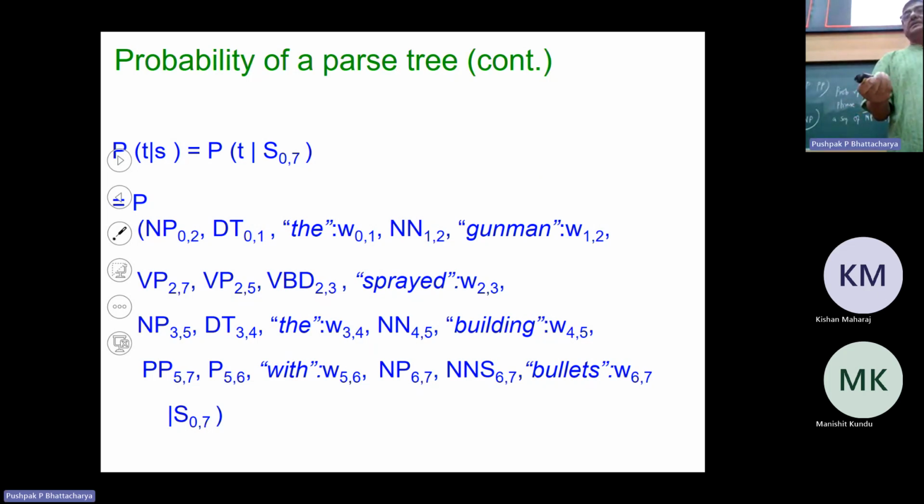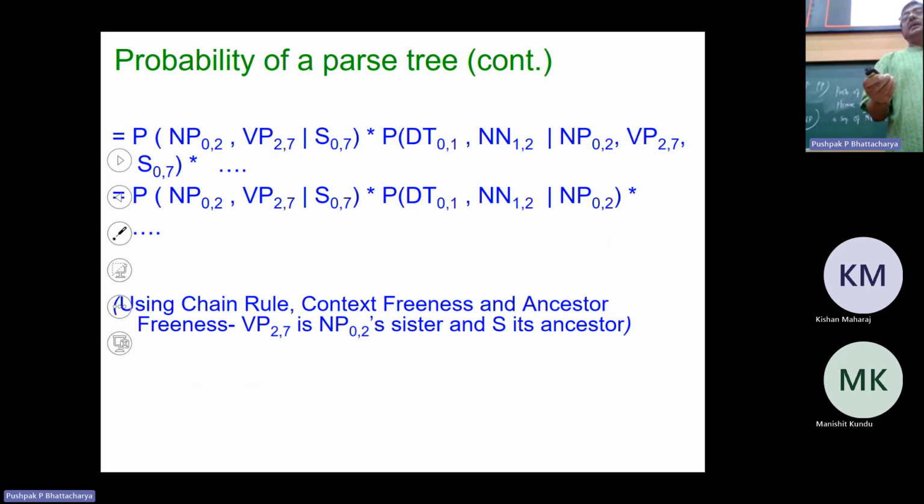So now we begin to see the application of this independence assumption. So this whole probability, I can break into the probability of NP VP given S, first of all. The NP is from 0 to 2, VP is from 2 to 7, multiplied by the rest of the joint probability expression.